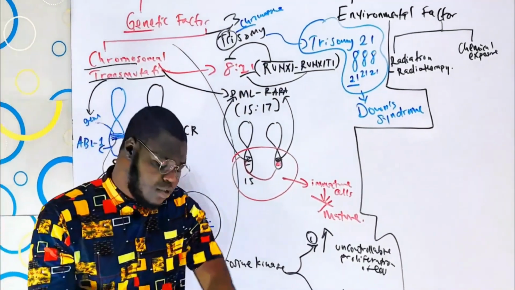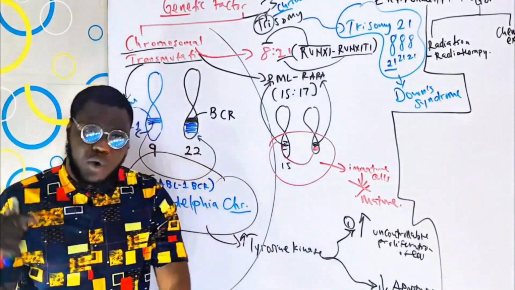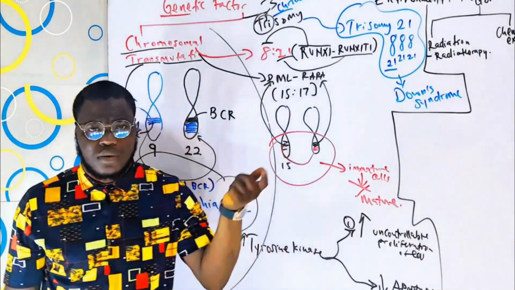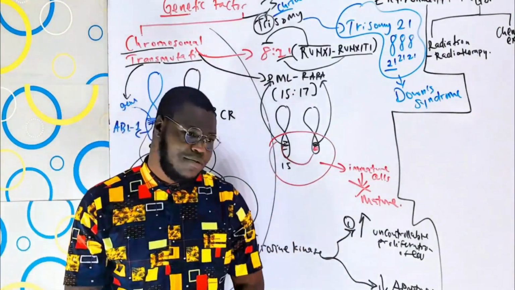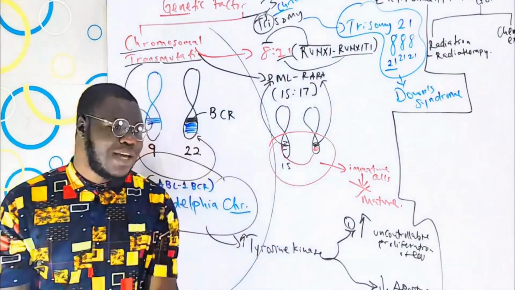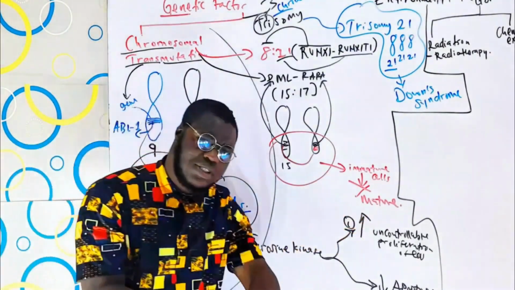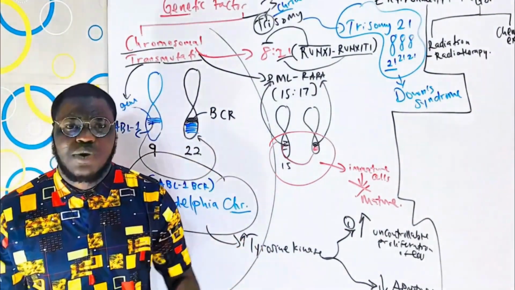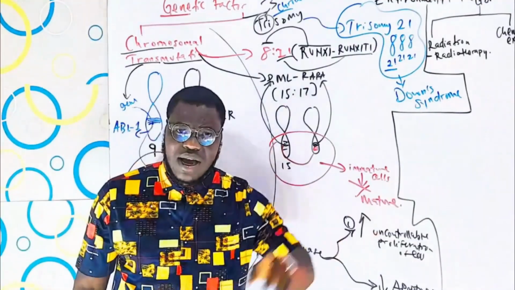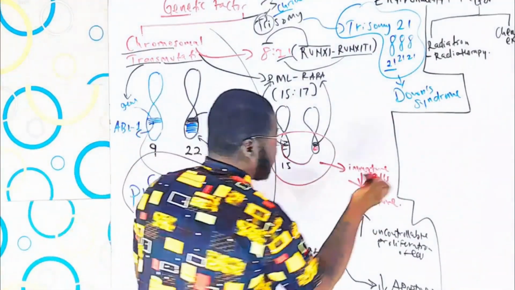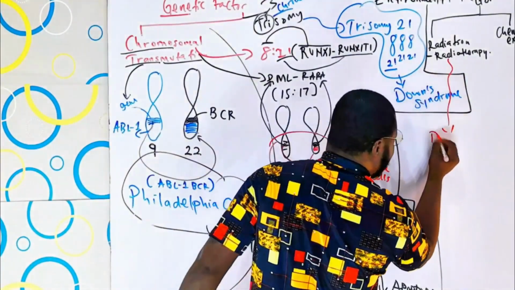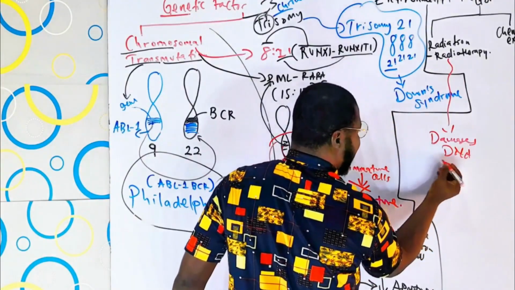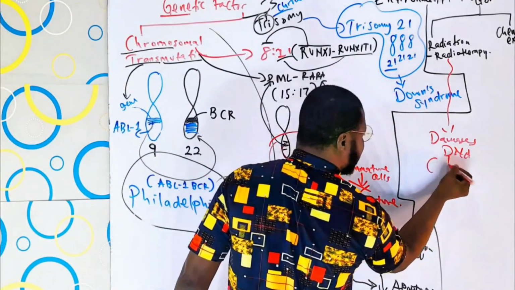These rays have the ability to penetrate the skin, penetrate the bone, and go in to reach the blastic cells: all these myeloid stem cells, lymphoid stem cells, promyelocytes. They can actually damage their DNA. And when they damage their DNA, they will never be able to proceed to the next stage, and that will make them immature. So, mainly, radiation damages DNA, and it can actually cause immature cells.